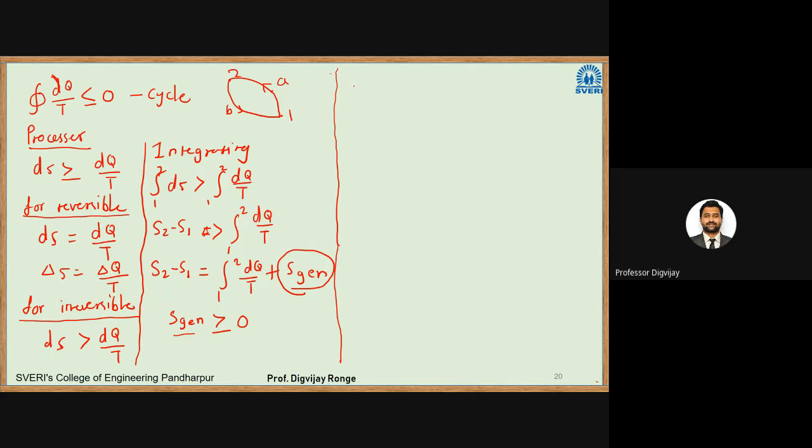So applying Clausius inequality, first we'll assume all the processes in the given VRS system are ideal, or in other words, reversible.